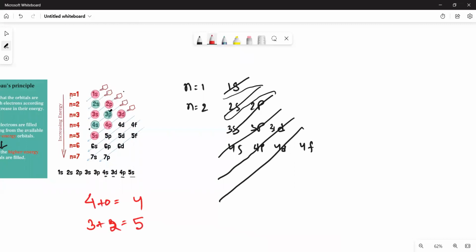So obviously 4 is less than 5. So while the electron is filling, it will fill first the 4s orbital, then the 3d orbital, and then 4p, then 5s. Again, it will go 4d, 5p, 6s, then 4f, and so on. So this is the reason why this filling is occurring here.